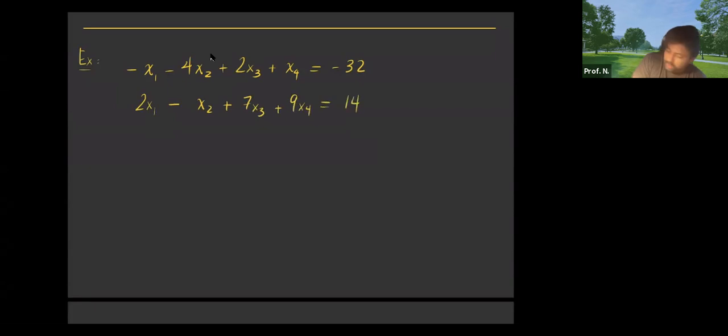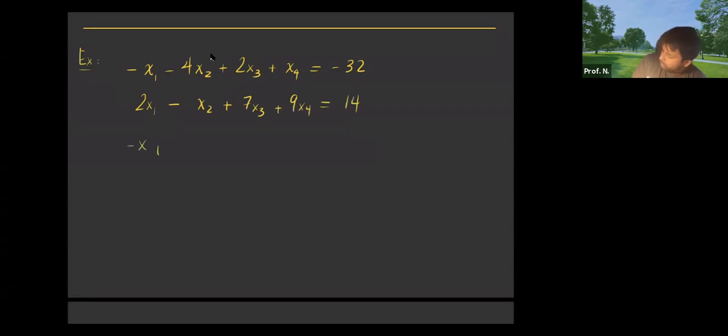So let's look at a bigger system, okay? So for example, say 4x4, right? Let's say negative x1 minus 4x2 plus 2x3 plus x4 equals negative 32. 2x1 minus x2 plus 7x3 plus 9x4 equals negative 14.